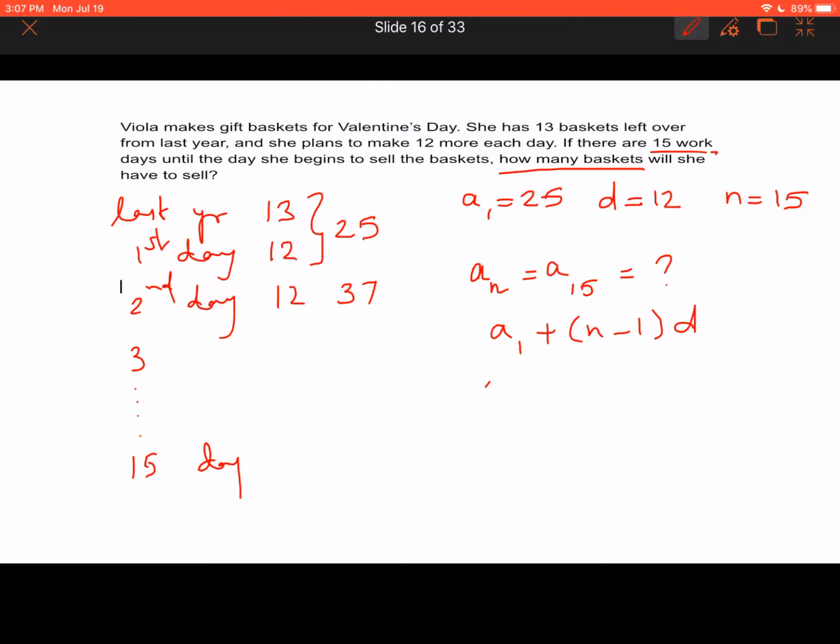So A1 is 25, N minus 1, so 15 minus 1, D is 12. By simplifying this, I got the answer as 193. So 193 baskets she shall be selling by the end of the 15th day.